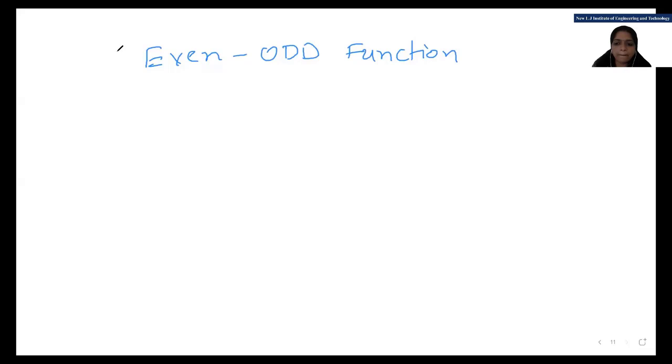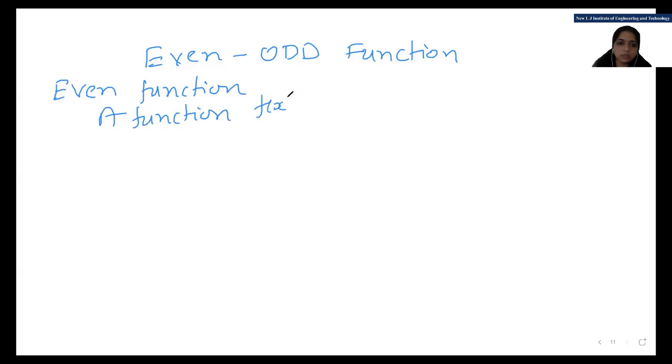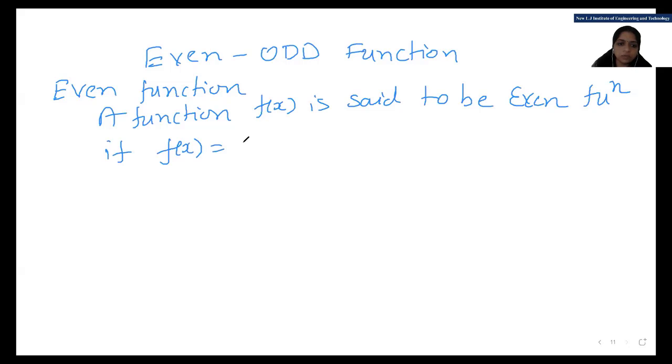Now suppose first we start with what is an even function. A function f of x is said to be an even function if f of x is equal to f of minus x.